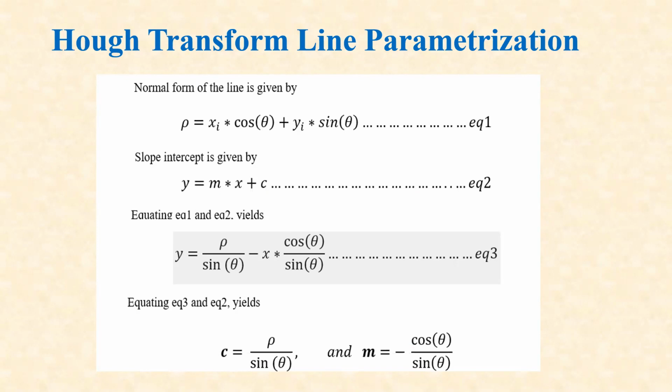When we relate the two equations, we come up with this. That's why you see our intercept is rho over sine theta, and then the cos theta term, the m, is the gradient. So you just relate it to the normal equation of the line from the XY coordinate system, and then you come up with this value here.